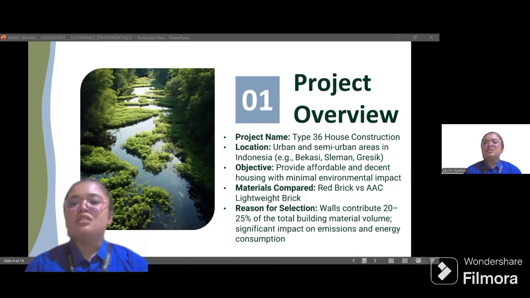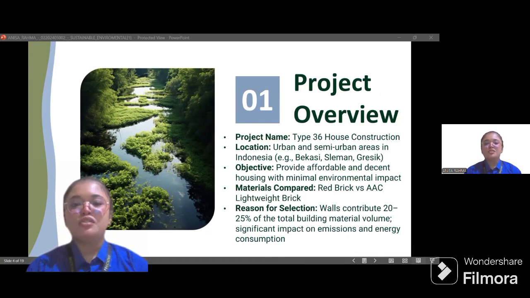This means that the decision regarding wall material selection has a significant influence on total carbon emissions, energy consumption, and material and labor costs. To provide some context, red brick is a traditional material still widely used in Indonesia.